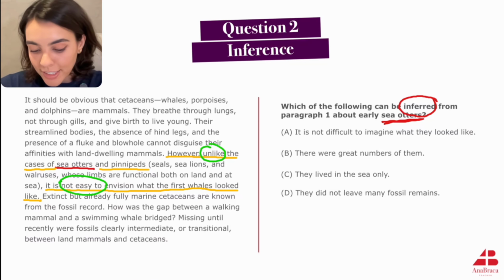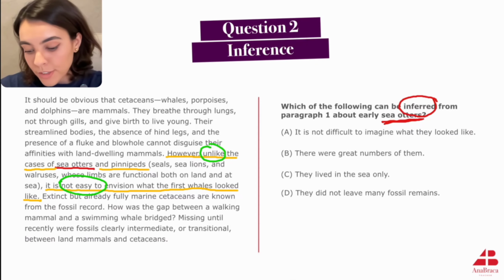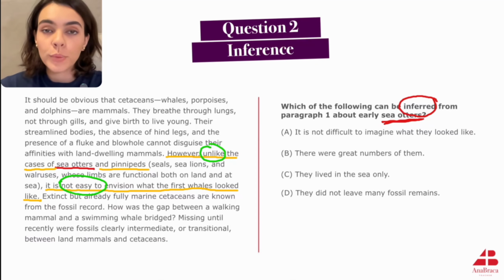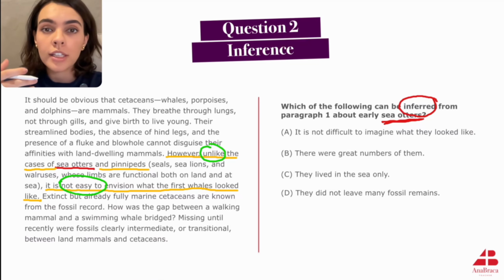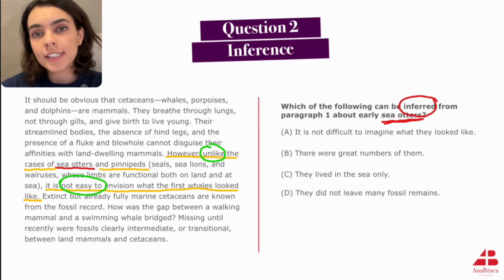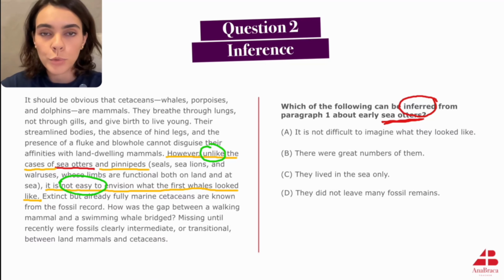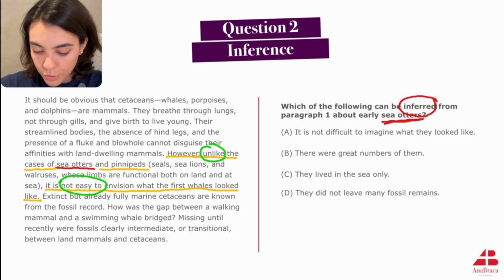However, unlike the case of sea otters, it is not easy to envision what the first whales looked like. So it's difficult to envision what the whales looked like, and it is easy to envision how a sea otter would look. So let's find an answer that brings this information here.